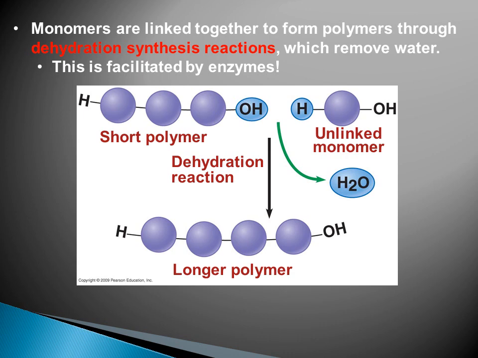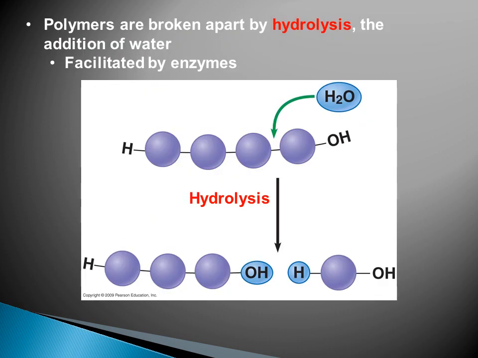This reaction is facilitated by enzymes and is called a dehydration synthesis reaction. Now, if you want to do the opposite, let's say you want to take this polymer and break it down to individual monomers, which we need to do inside of our body. If you think of digestion, digesting these long polymers when we're eating food, we need to do the opposite of this. If water comes out when we're forming these polymers, water will need to go in when we're breaking them.